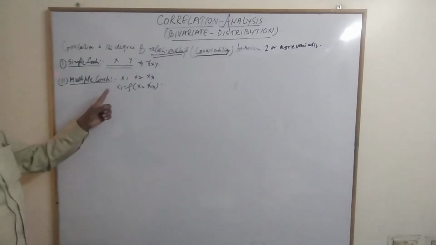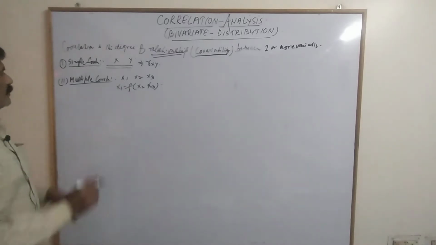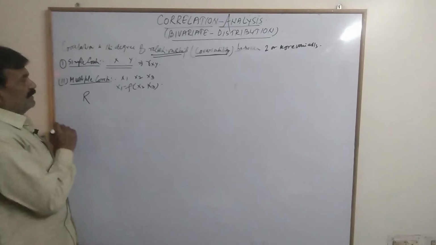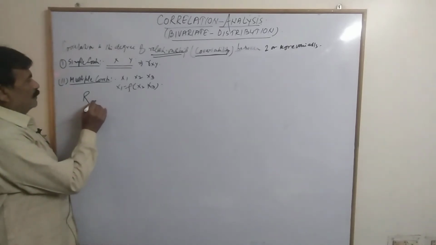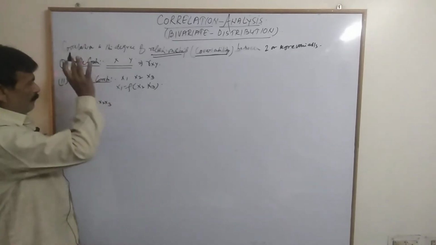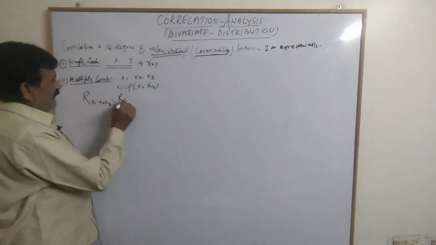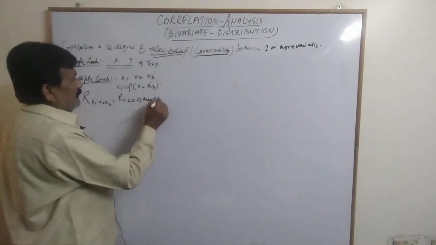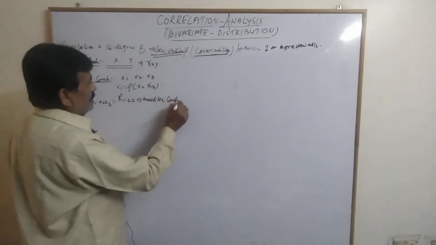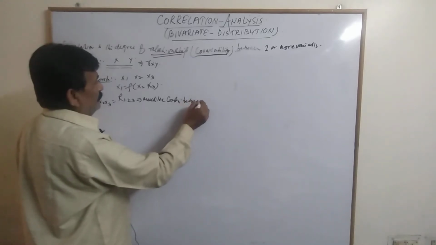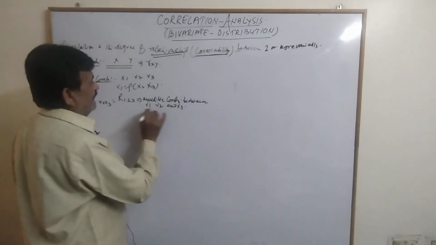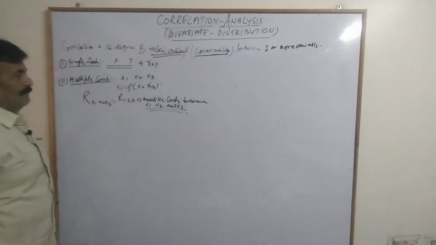The multiple correlation between these 3 variables is represented by capital R, x1.x2x3, or in a shorter way, R1.23, and this is multiple correlation between x1, x2 and x3. So this is what multiple correlation is.